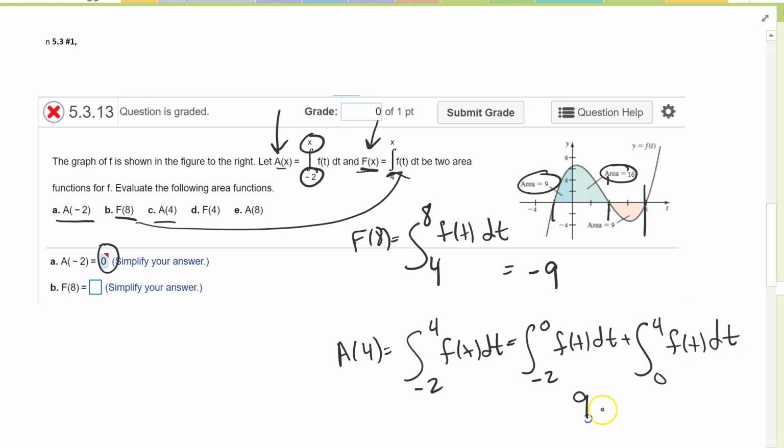This area here is 9 plus this area here is 16. So 16 plus 9 would be 25. So that area is 25.